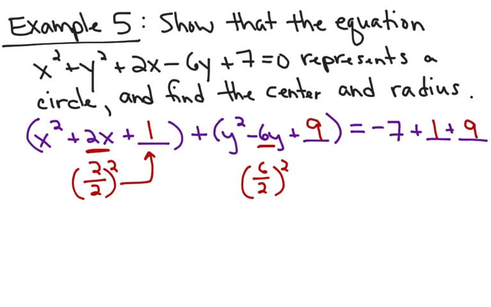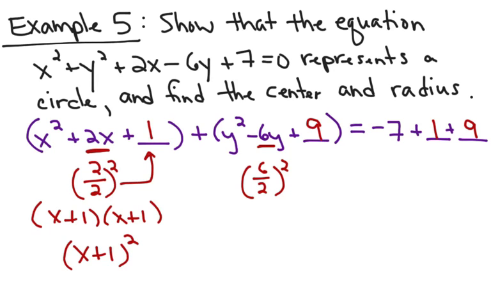Okay, now the next thing we're going to do is factor those perfect square trinomials. Well, if you think about it, when you factor a trinomial, you always ask yourself what two numbers multiply to give you the last number but add to give you the middle. Well, in this case, they're both 1. Remember, when you multiply something by itself, it's the same thing as being squared.